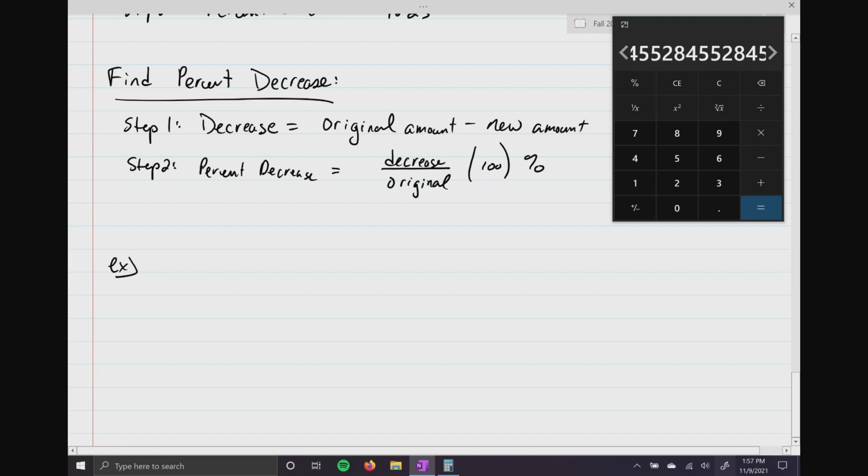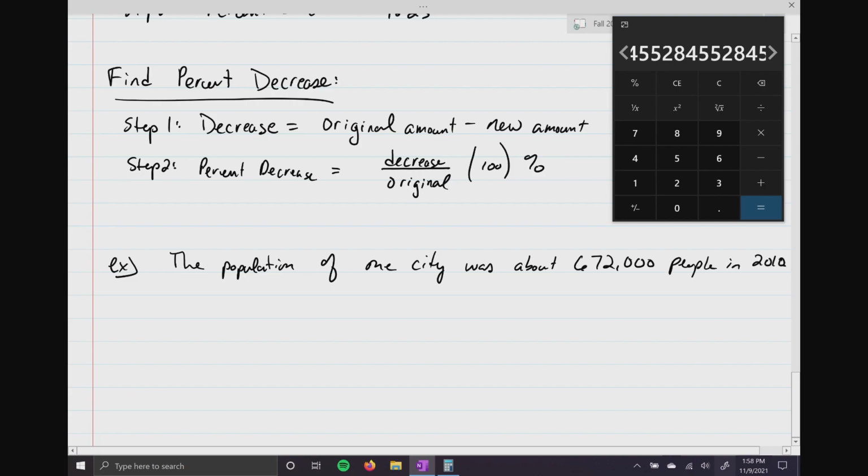All right, so let's see here. The population of one city was about 672,000 people in 2010. All right.